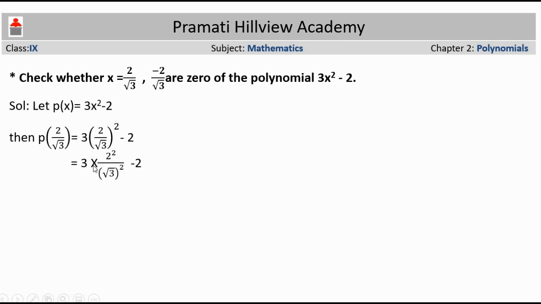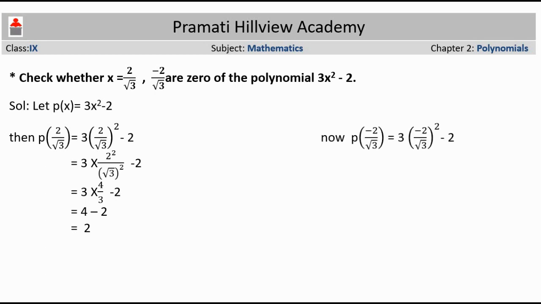So p of 2 by root 3 will be 3 into 4 by 3 minus 2. 3 and 3 get cancelled, so this becomes 4 minus 2, which is equal to 2. So we can understand that 2 by root 3 is not a zero of the given polynomial.